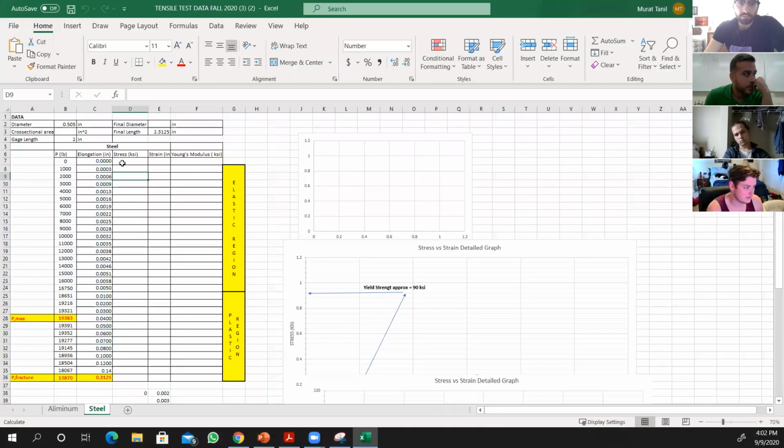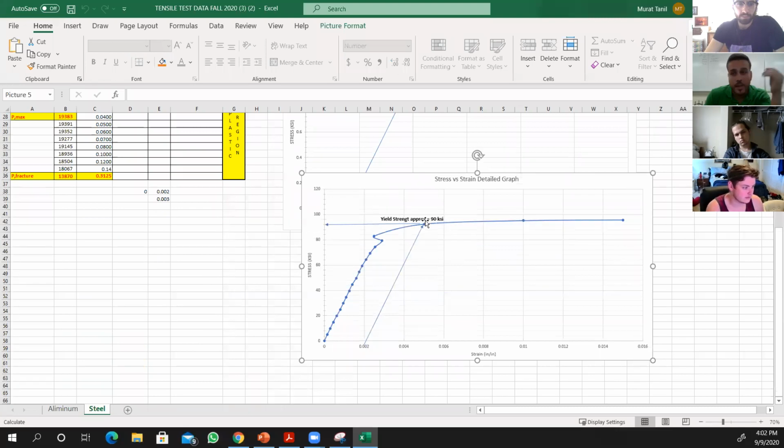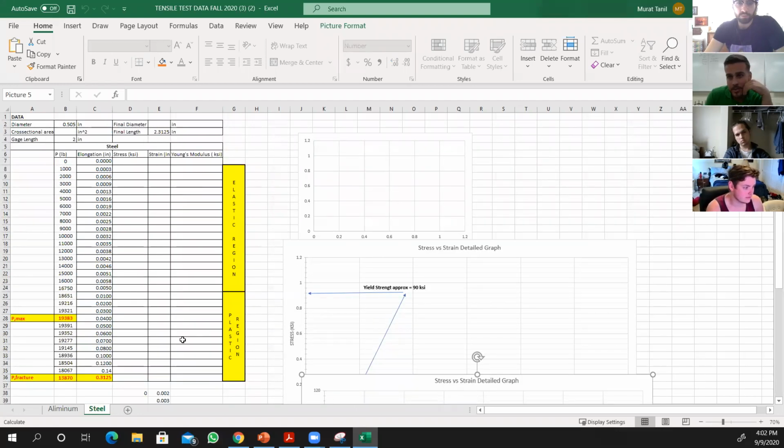I worked out the stresses, strain and Young's modulus. I even forgot to erase this. Some of the students copy and paste what I have over here.